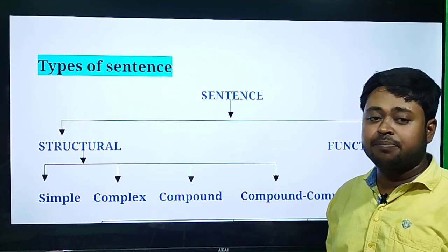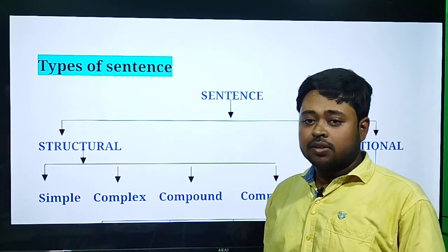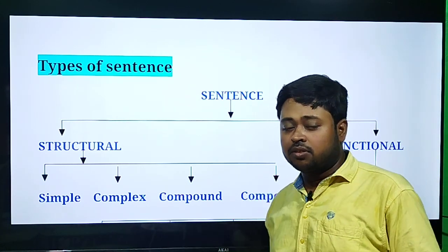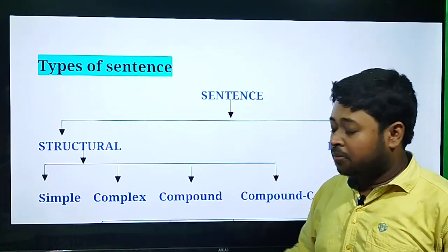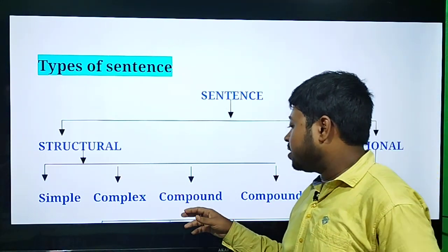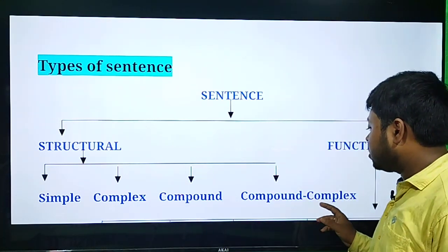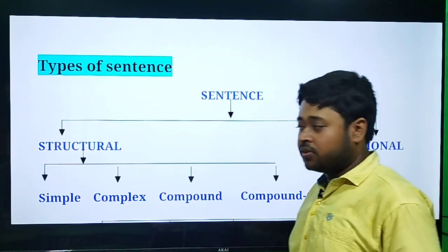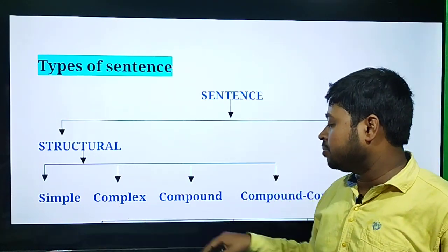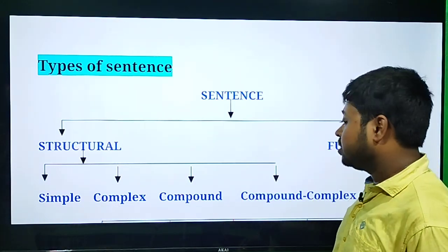Simple means very simple, no rough and tough words and not many words. Then the complex sentence, then the compound sentence, and then the compound-complex sentence. But we cannot use the compound-complex sentence right now. We are using just the simple sentence, complex sentence, and compound sentence. Okay.